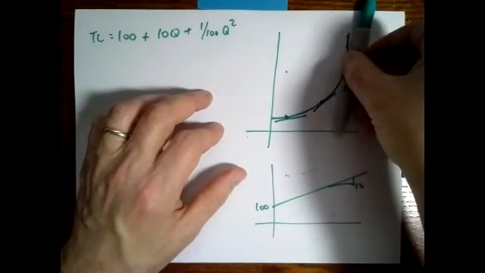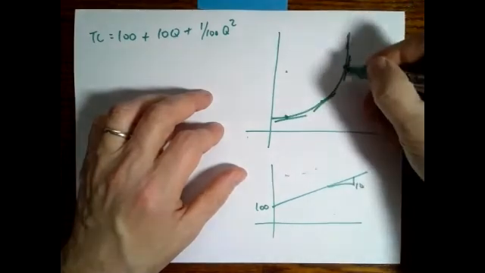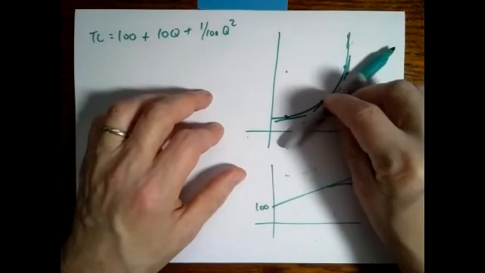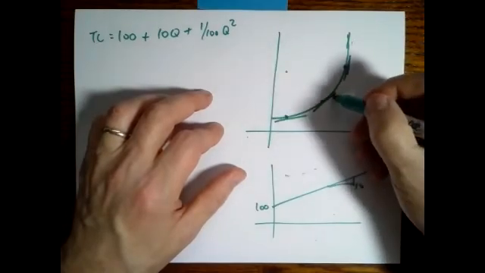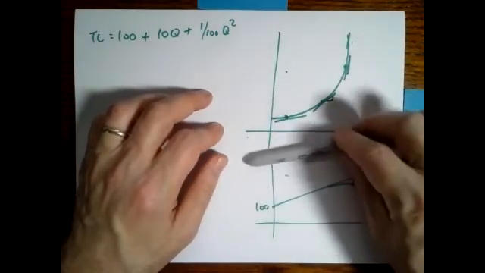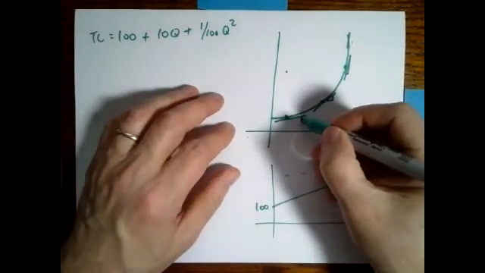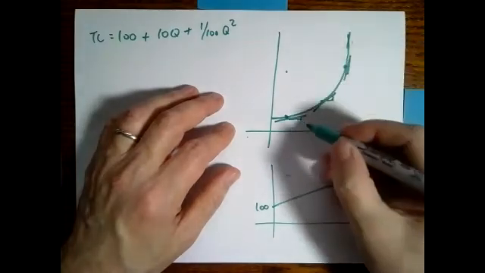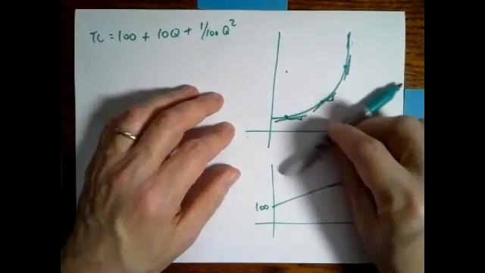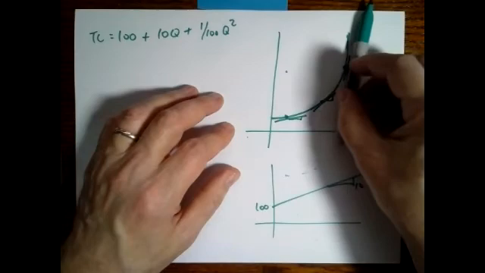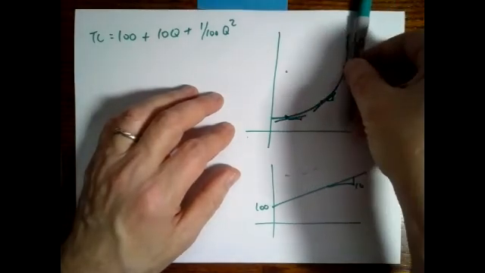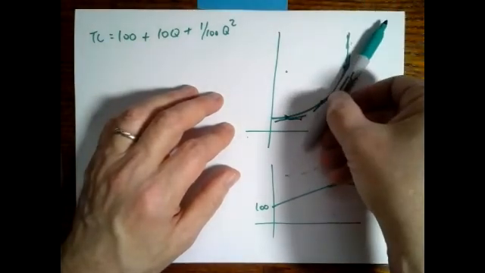The slope of this line is very steep. The slope of this line is pretty close to 1. And the slope of this one, when I come in at the bottom, is going to be fairly flat. Just like this one is very steep, this one is going to be very flat. So at any given point on this line, I can bring my straight line in and find a point that just touches it.